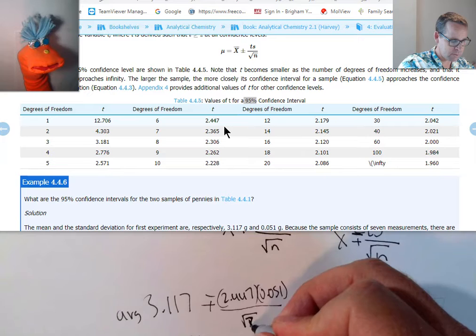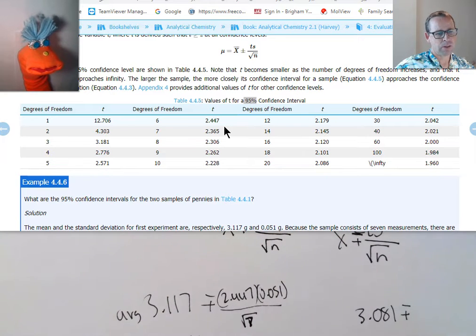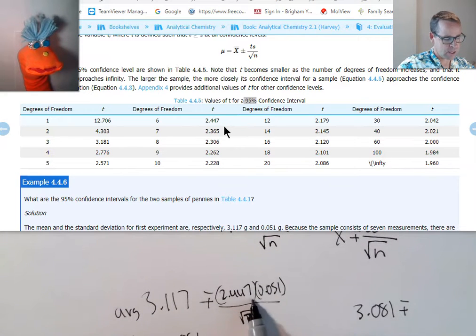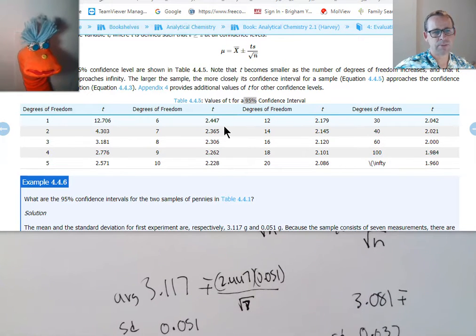So 2.447 times 0.051 divided by the square root of 7. And what is that going to tell us? That we're 95% confident that the average is within that range, 3.117 plus or minus.